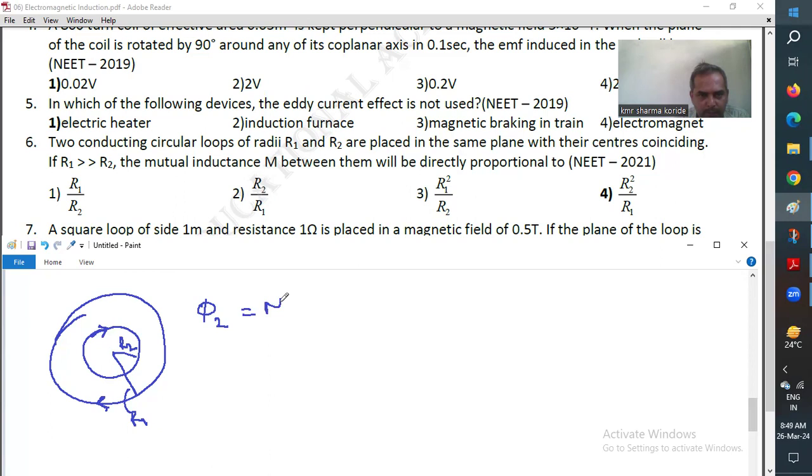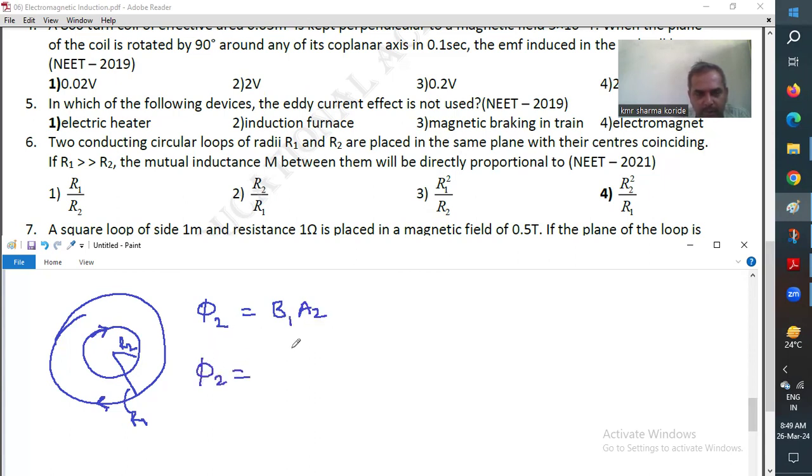So therefore, for mutual inductance, this is going to be phi is B into A. There is a magnetic field around the first one that is influencing the coil of radius R2. So it is A2. This is the basic formula of flux.